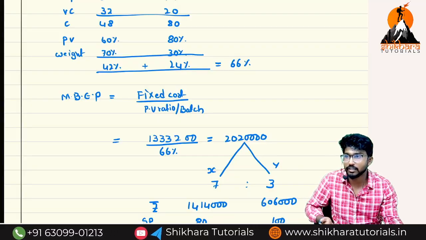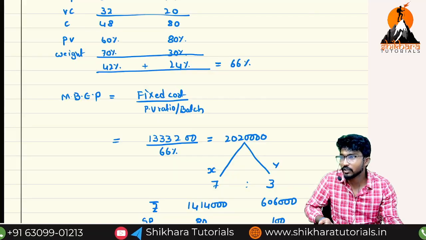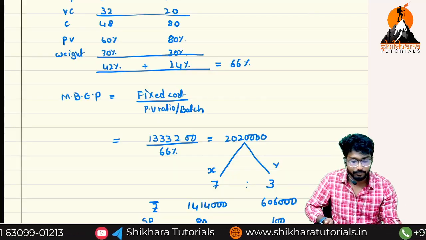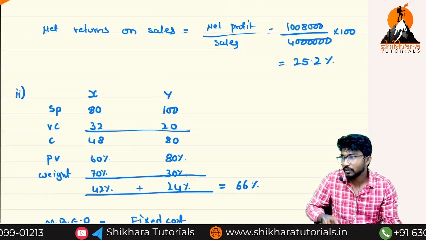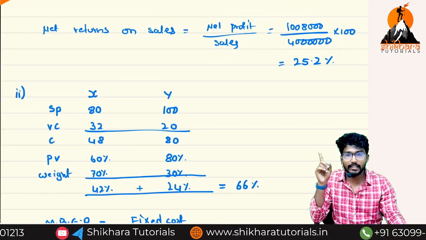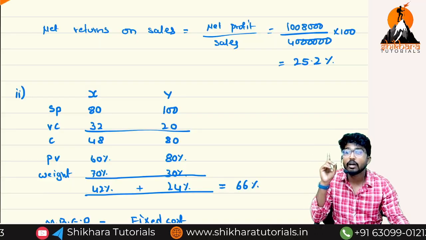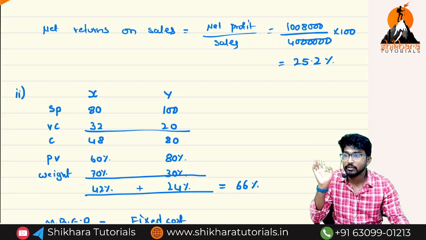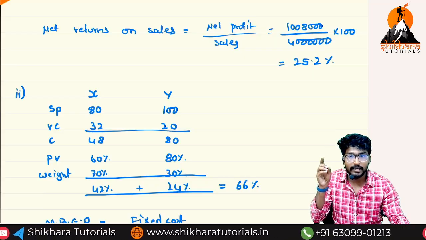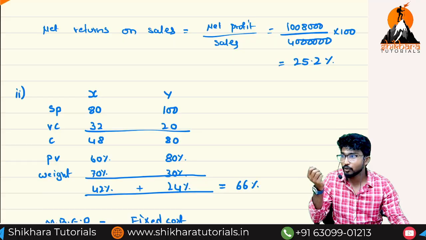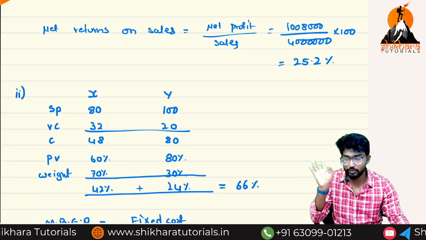That means it will recover your entire which one, Nana? Fixed cost. Any doubts regarding this? Whenever they ask us to calculate in units, use contribution per unit. Whenever they ask us to calculate BEP in rupees, use PV ratio.